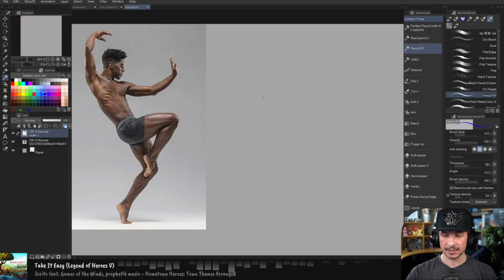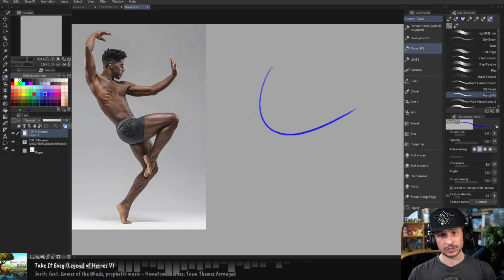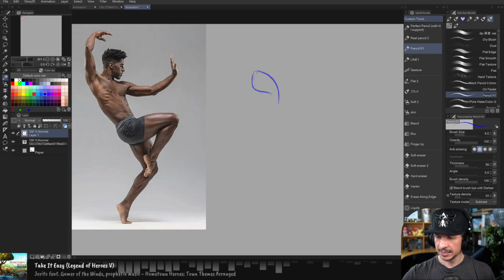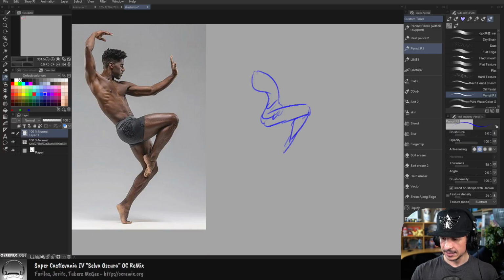If my line of action is doing this, I'm not going to pose the character out something like this, where the spine, that is a long leg, is doing something like this.